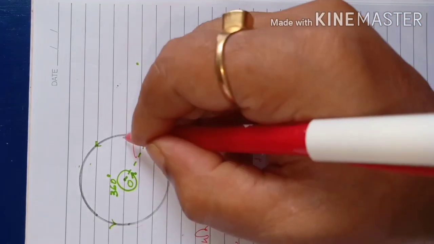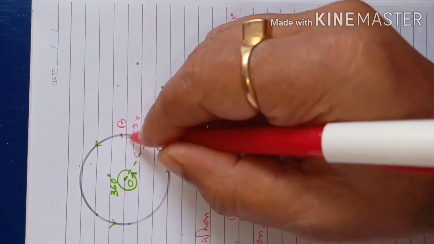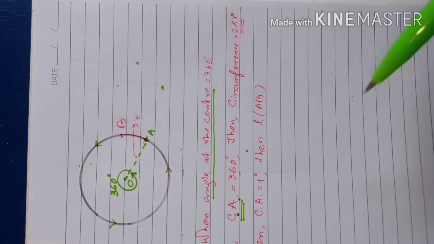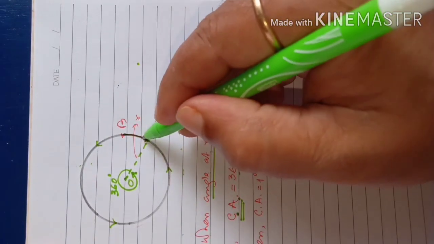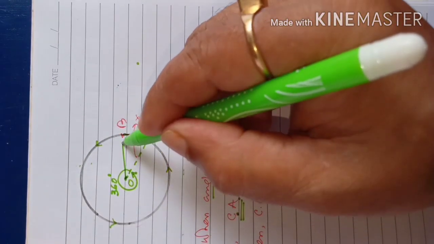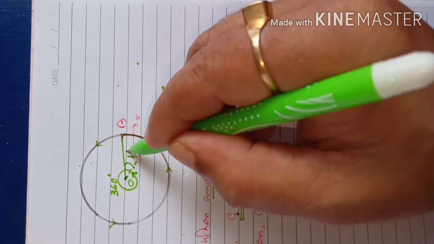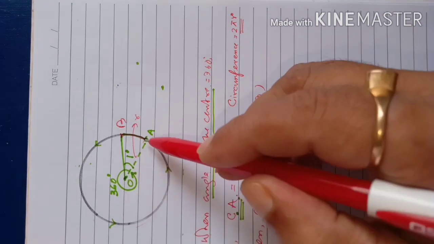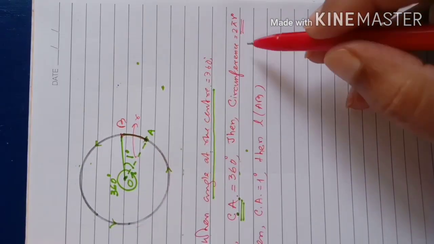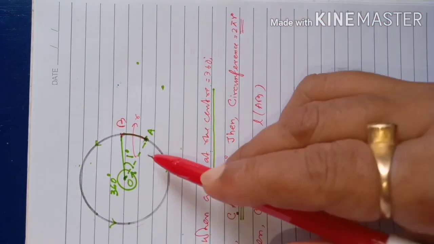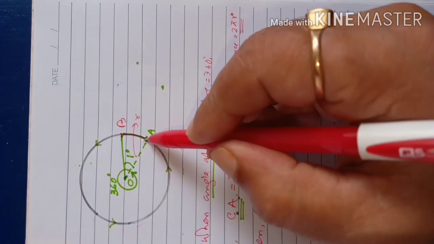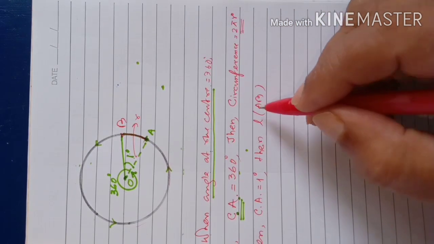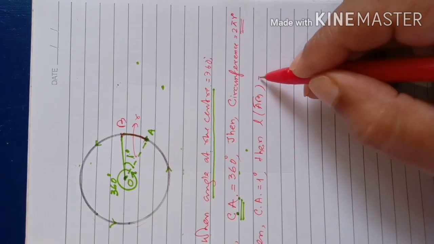Suppose A to B, as I am showing on the diagram, is an arc, and that arc subtends only 1 degree angle at the center. For 360 degree, the length of the complete circle will be 2 pi r. But if only 1 degree angle is subtended, that means only this much arc is drawn, then the length of the arc AB will be equal to what?